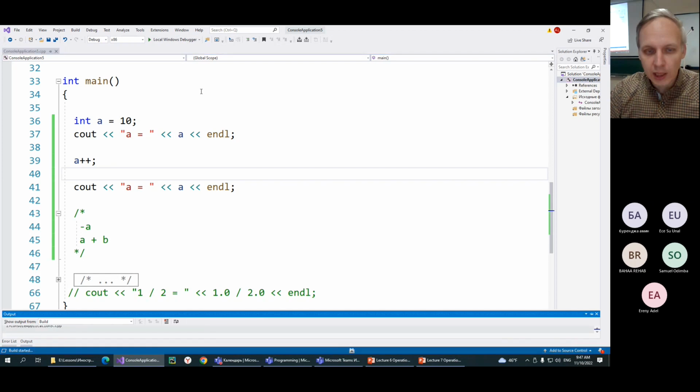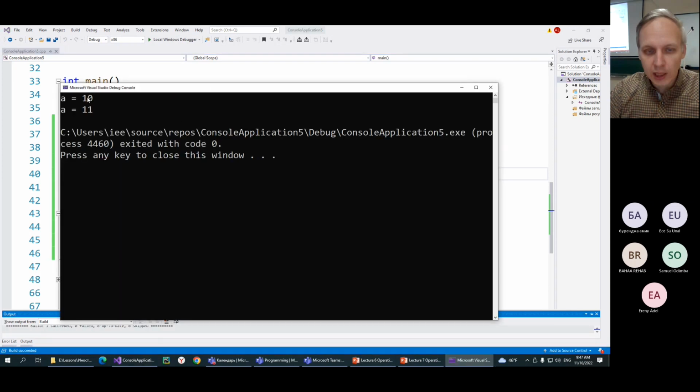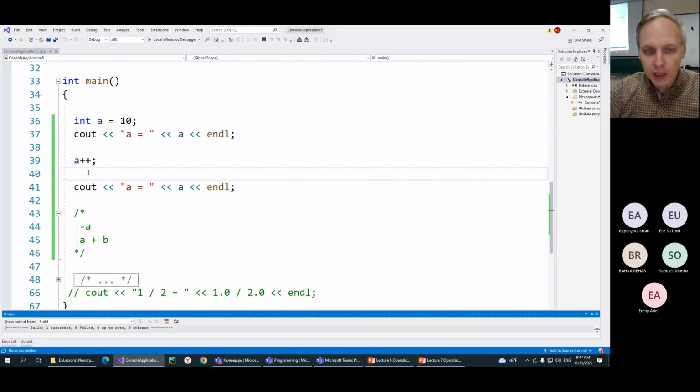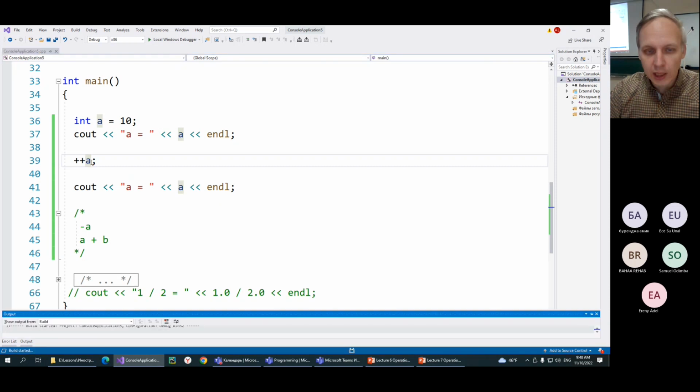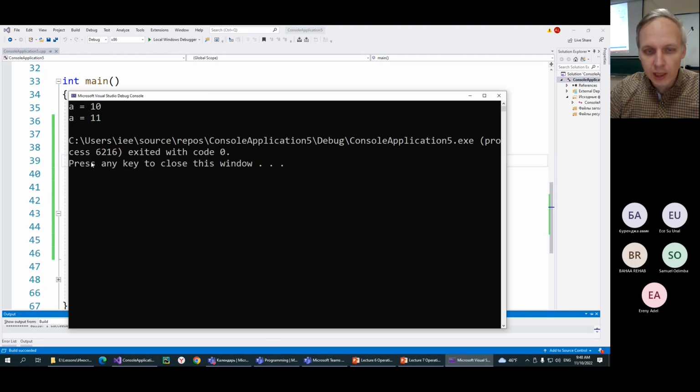If I output to the screen the value of A before and after operation plus plus, I will see 10 and 11. When this operation is applied to a standalone variable, it doesn't matter where I put plus plus. I can write plus plus A or A plus plus. The result will be the same. I will see 10 and 11.